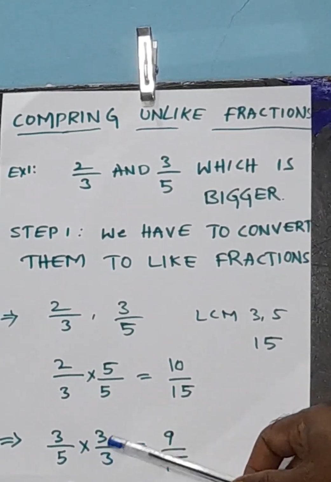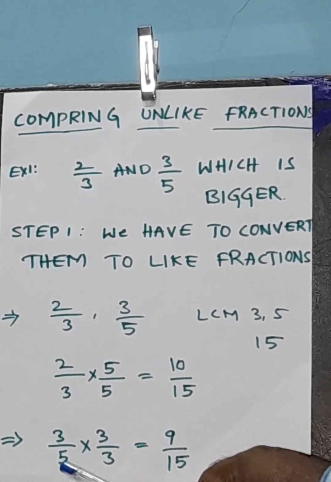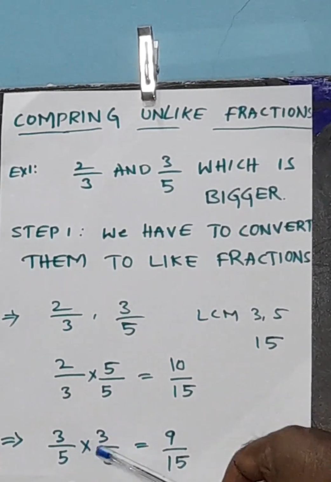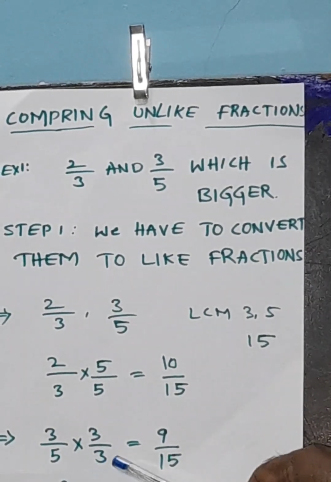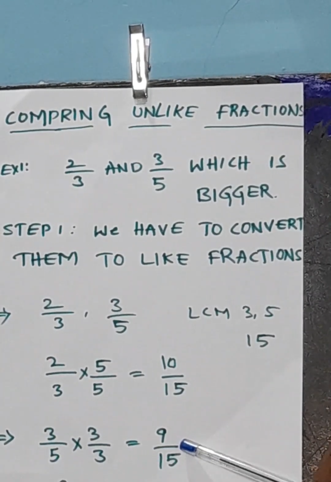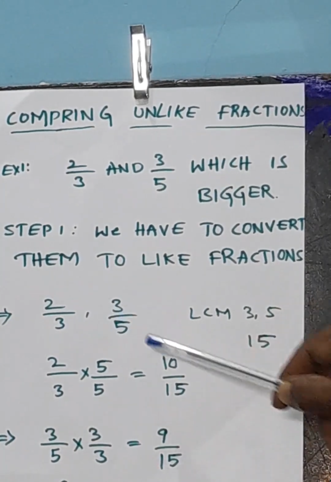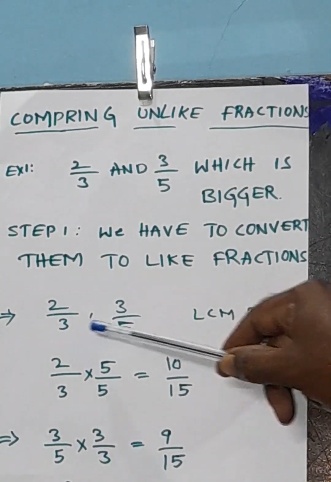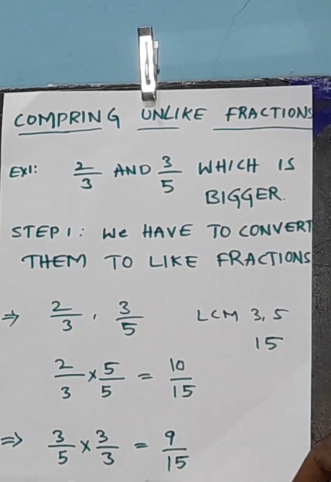So I am writing 3 by 3. Then we multiply these two fractions. 3 into 3, 9. 5 into 3, 15. So observe, these two fractions are equal to these two fractions. Here we have converted these two fractions into like fractions.